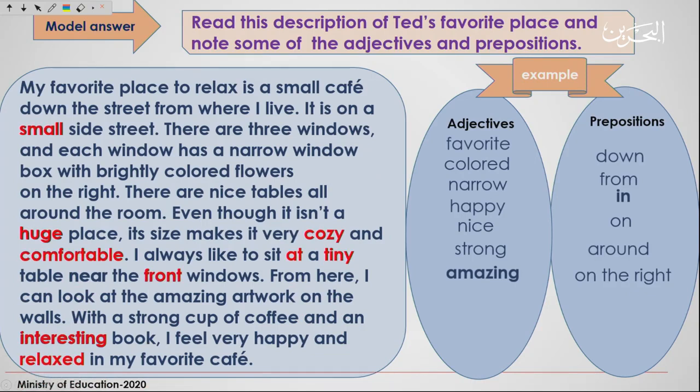So these are all the adjectives and the prepositions that are noted in this paragraph. Favorite, colored, narrow, happy, nice, strong, amazing, comfortable, interesting, relaxed, whereas the prepositions: down, from, in, on the right, and so on.